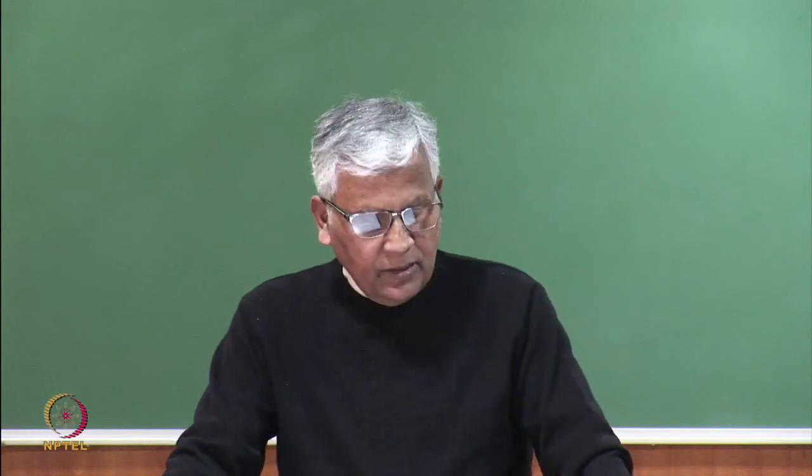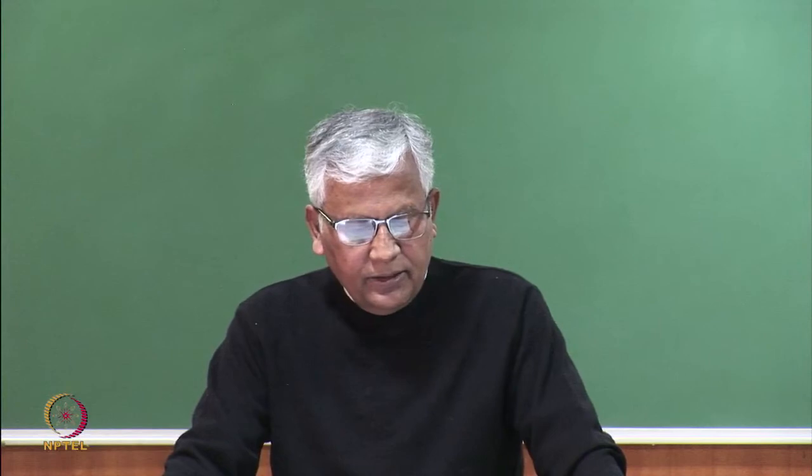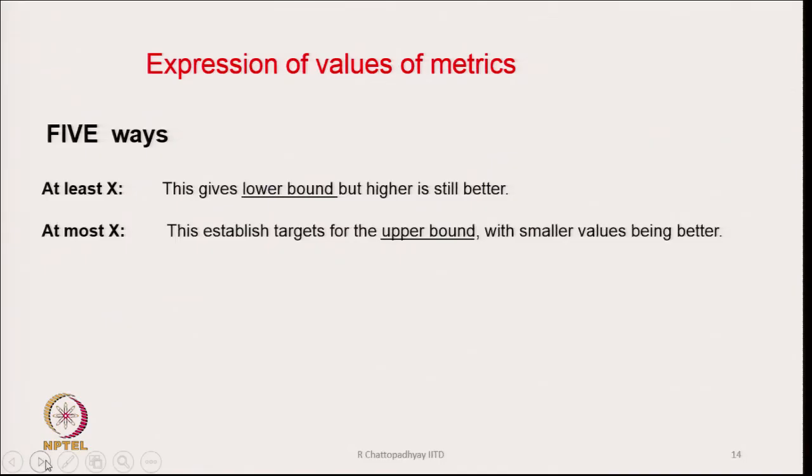It is a lower bound, that is, we should not fall below this, but anything above it will always be acceptable. At most x is just the opposite of that. This establishes the target for the upper bound, that is, the smaller the value, the better it is. What is the example for this, at most x?